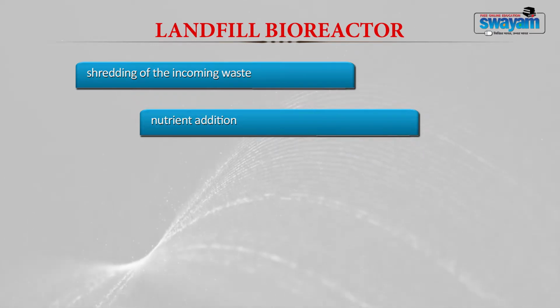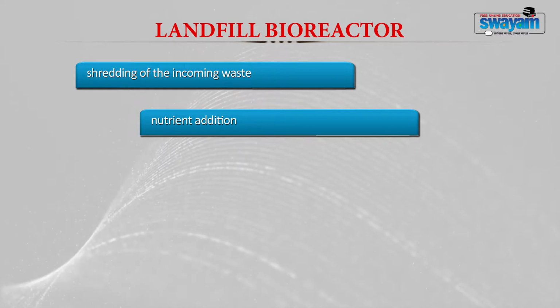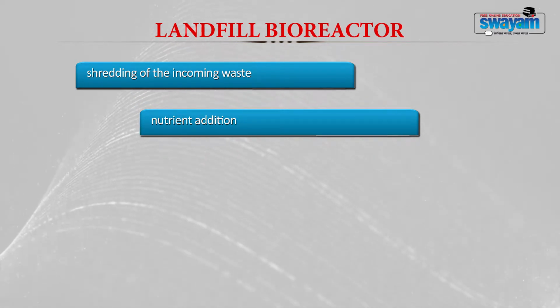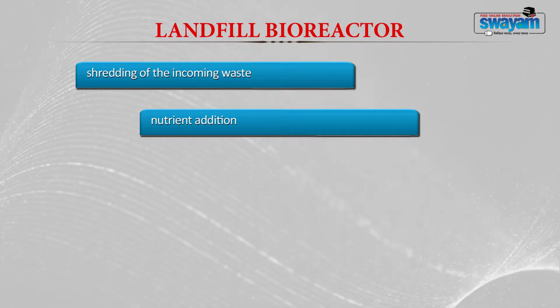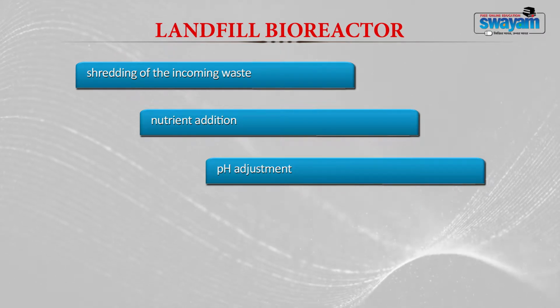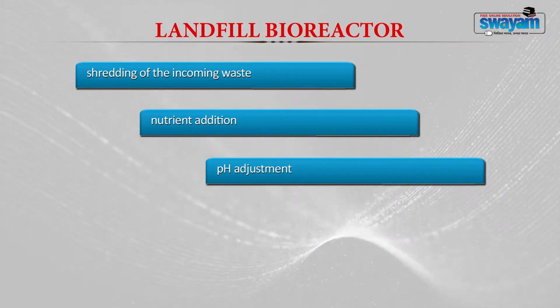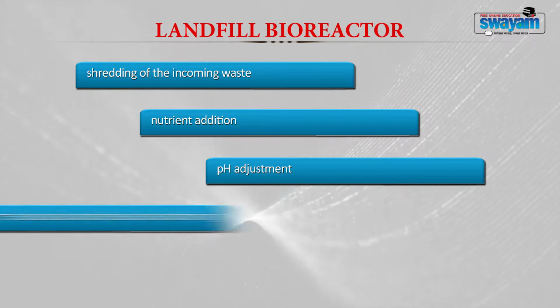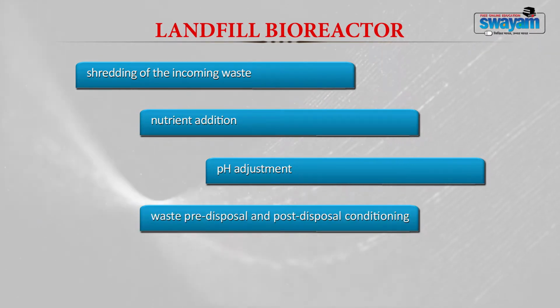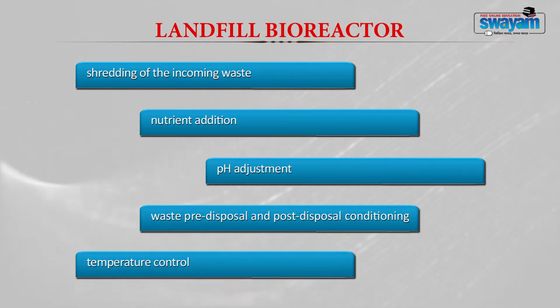You can supplement with nutrients and then waste degradation can be fastened. Then pH adjustment will also help in speeding up waste degradation. Waste predisposal and post-disposal conditioning and temperature control also facilitate faster degradation within a landfill bioreactor.